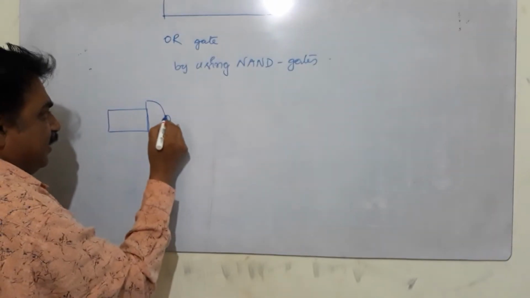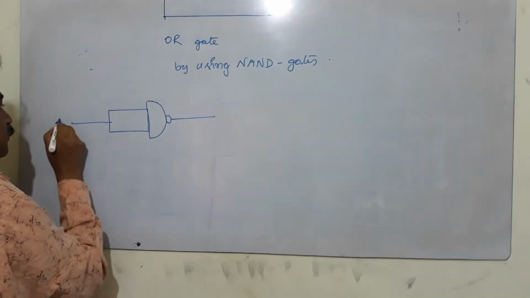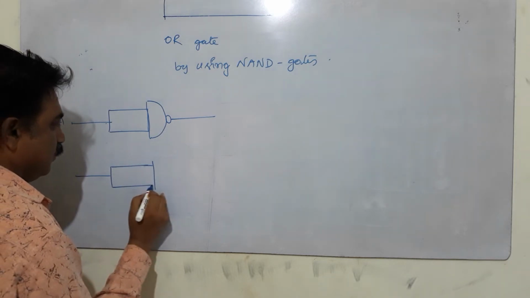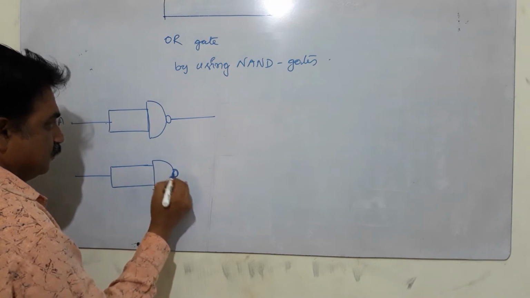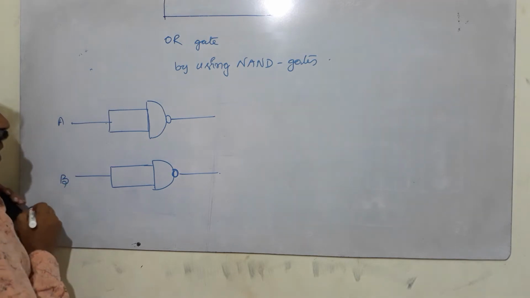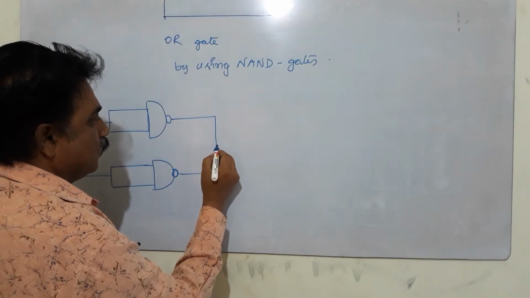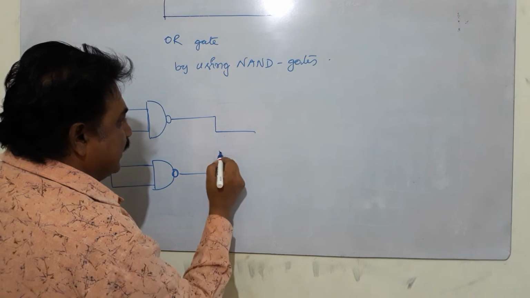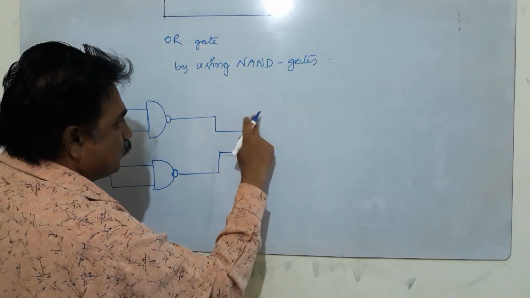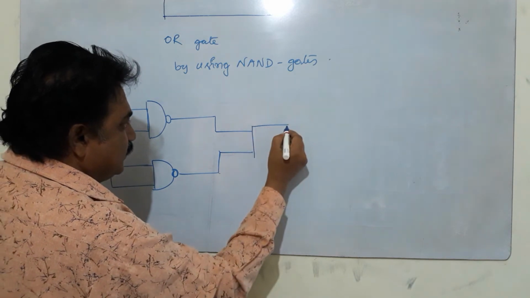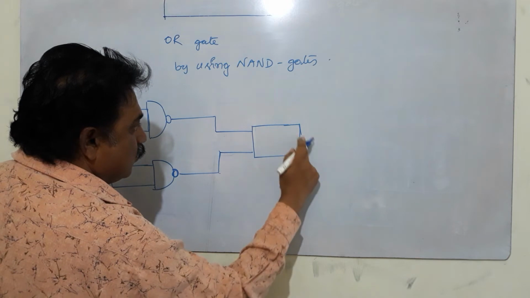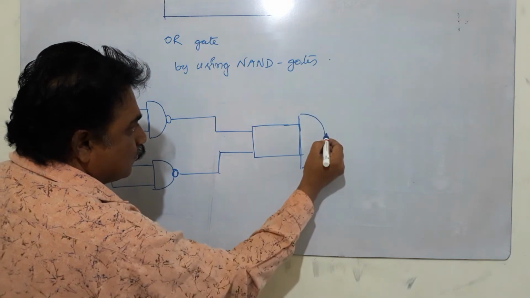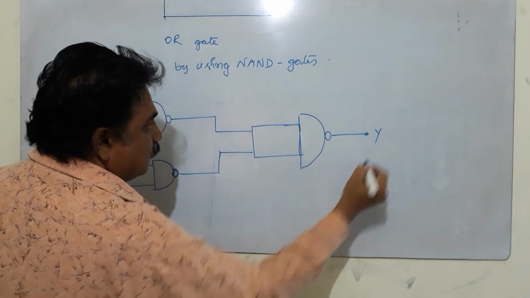This is a NAND gate with input A. This is another NAND gate with input B, and both these two are connected to another NAND gate, and this NAND gate is given 2 inputs just like this. This is Y.